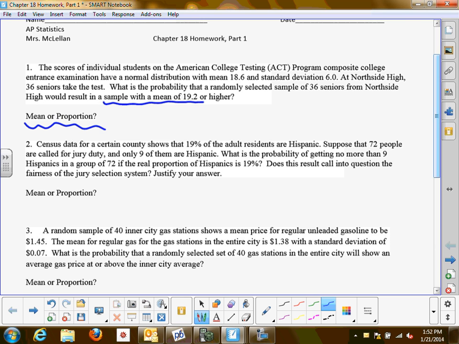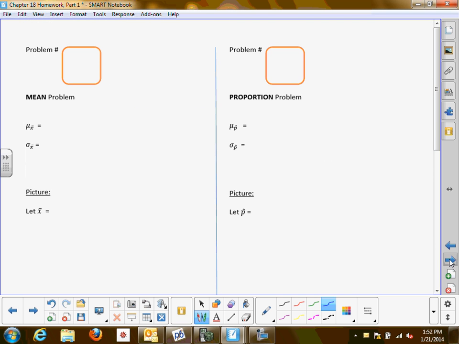Now look, I want you to go show your work on the next page. So problem number 1 is a mean problem. And then I just have a little template to make sure you're showing all the data. So this homework assignment seems pretty thick, but it's only 8 of these problems, and we've done that many in class, so you're going to be good.